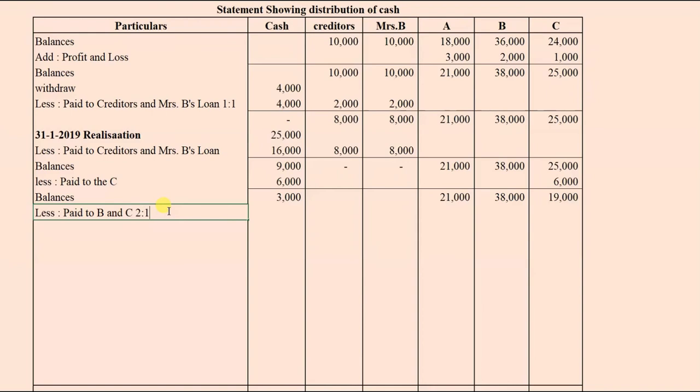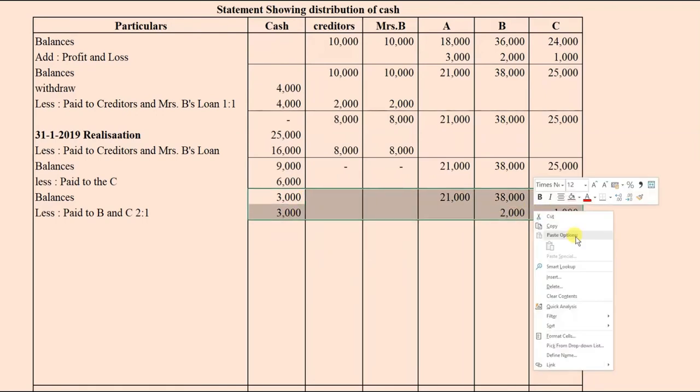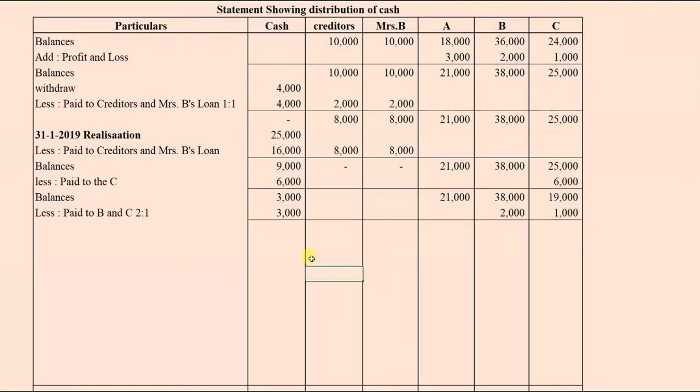So 3,000 divided by 3 is 1,000. So 1,000 to the C and 2,000 to the B partner. So here a total of 3,000 is paid. After deducting this, the balance is 0.